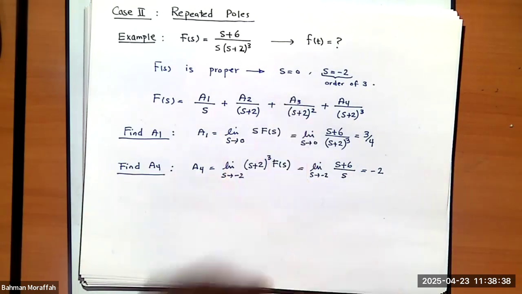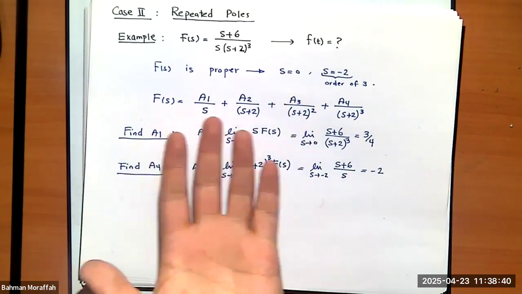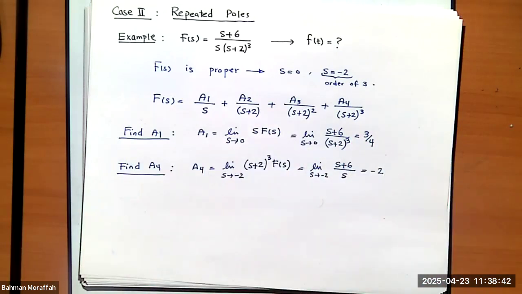Let's just say I want to find A3. Let's multiply everything by (s+2)^3.